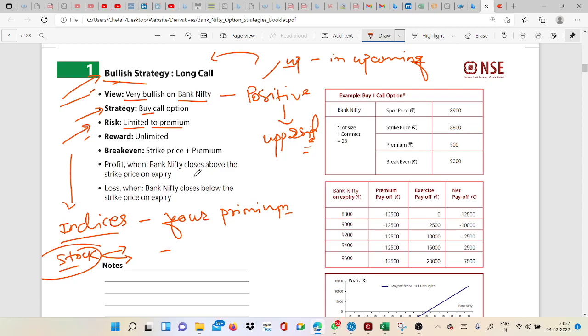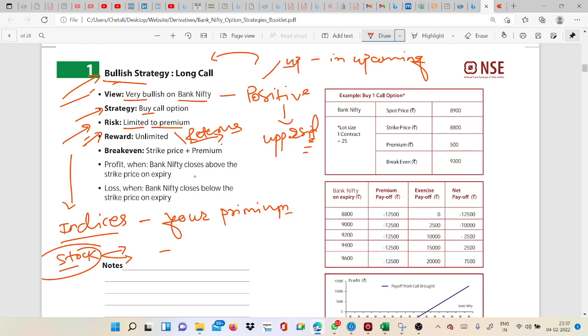Now come here. Break even. Okay, so rewards. Reward means return, which is unlimited. Even that we can't calculate, how much would be the returns, and we don't have any measure with which we can calculate the return when we enter into this particular contract, which depends on the market.